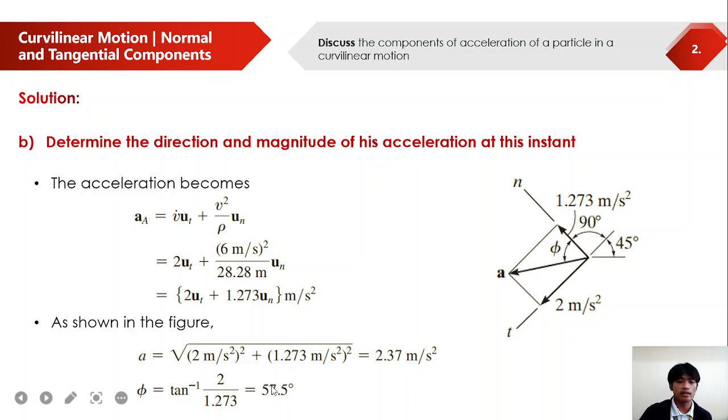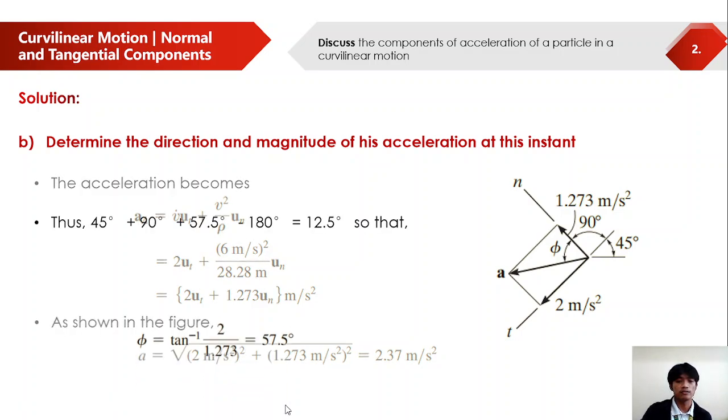And for the direction of that acceleration, it is the tangential component over the normal component, which is y over x. So that's the arc tangent of 2 over 1.273, which is equal to 57.5.